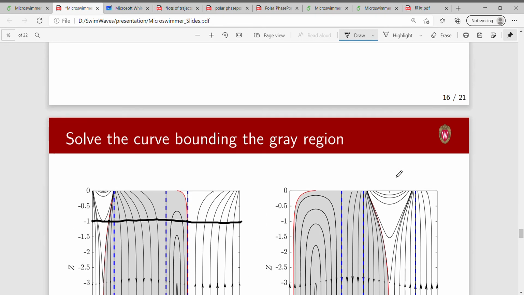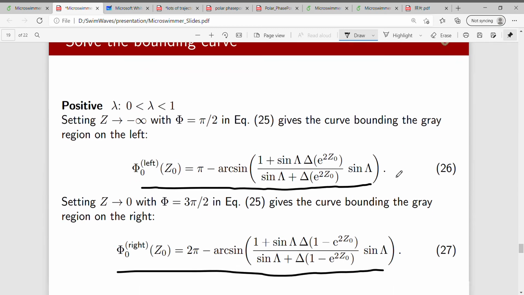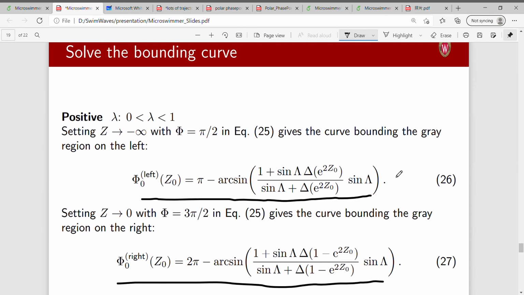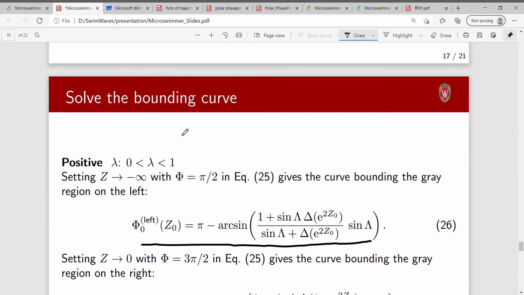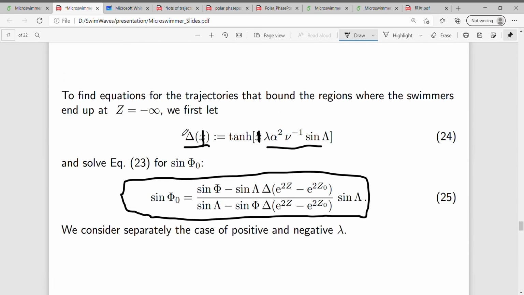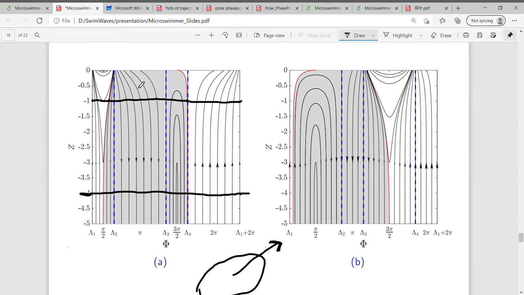Basically, for positive lambda, we set z equals to minus infinity with phi equals to pi over 2 in equation 25, which is this one, and we find the function for this left hand side curve.